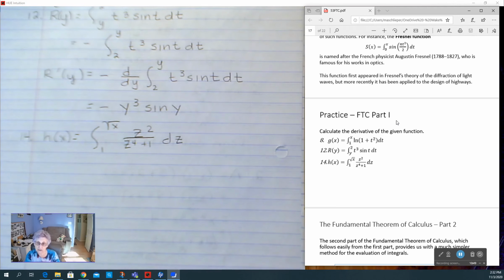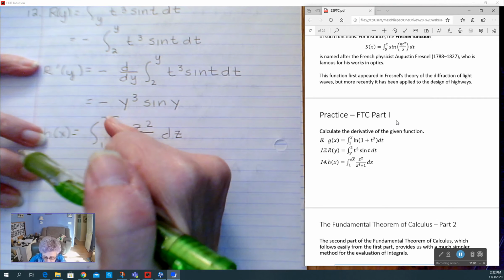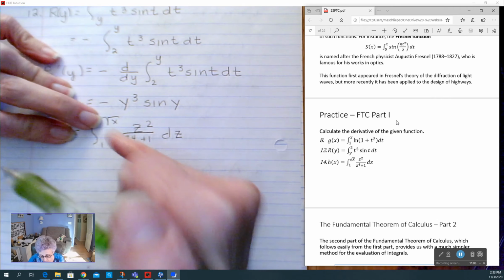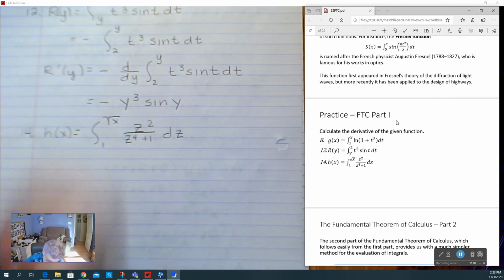So first thing you do is think about the chain rule. If you're taking the derivative of a function, which is exactly what we're doing. We're taking the derivative of this function, 1 to x, and we're taking the derivative of the square root of x.